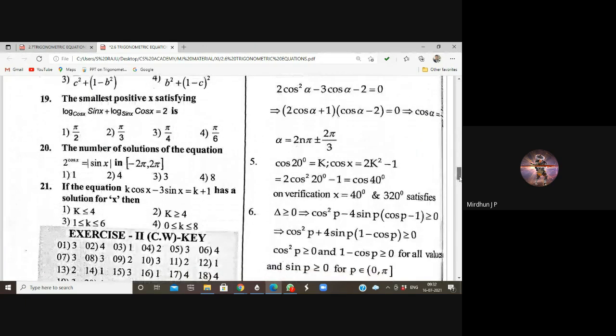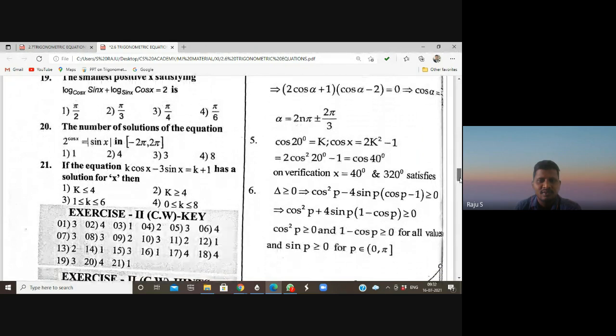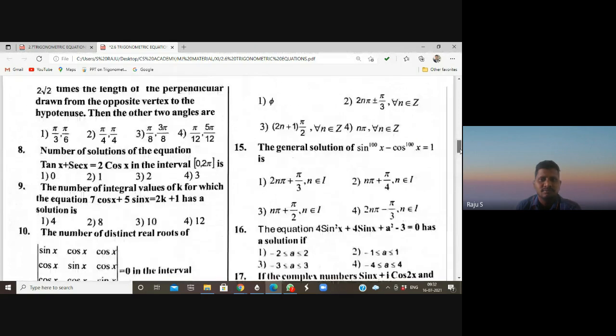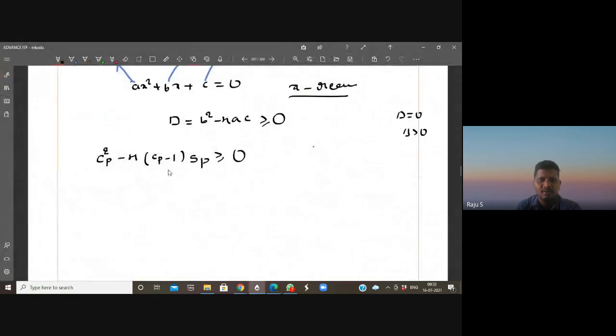See here, simple. The fourth option they gave, sixth one. Got it? Up to here it is enough. I already tried. It is always positive. Cos square will be there. Square is always greater than 0.